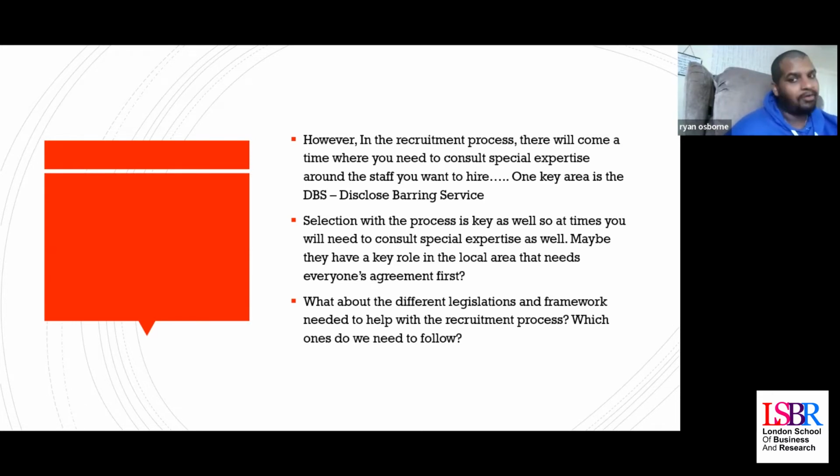Hence, they will go and look for new people to help them improve that particular service.